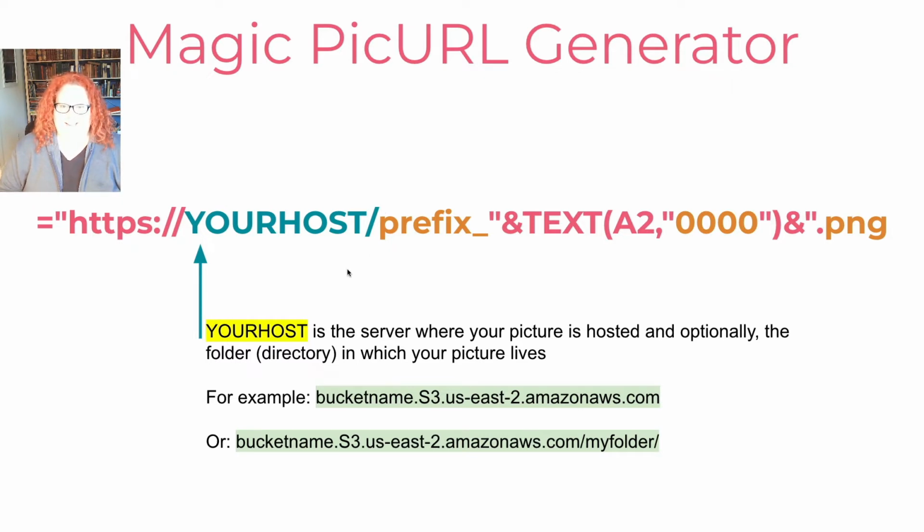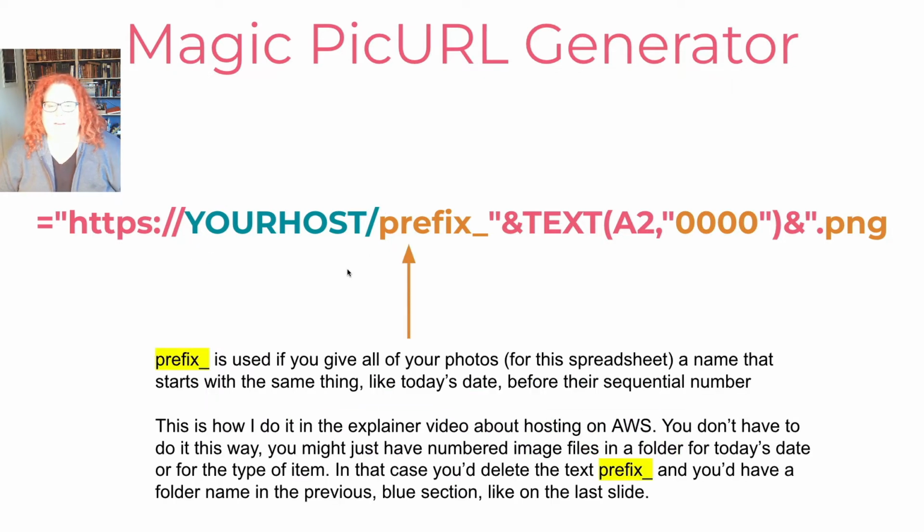All right, next, the prefix. Now, when I did the videos, I showed you using a prefix because that's how I do it. May not be the best way to do it. You might want to use folders, but you can use prefixes, and all that is some bit of text or numbers or whatever that you append to the beginning of every image name.